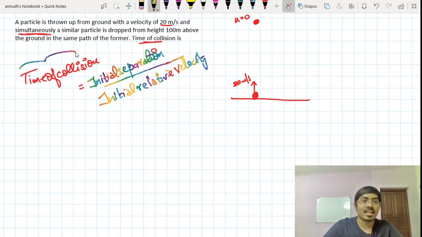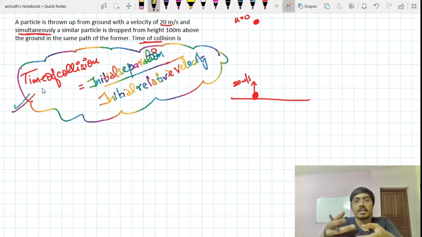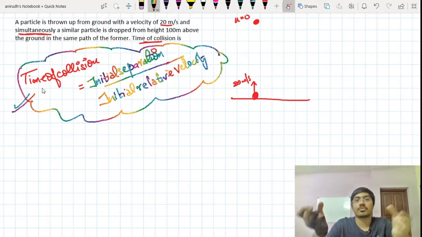Right? So this is time of collision. Time of collision is equal to initial separation divided by initial relative velocity. Remember this. This is a very important, straightforward kind of formula that you can remember, and you can simply use this to solve this question.